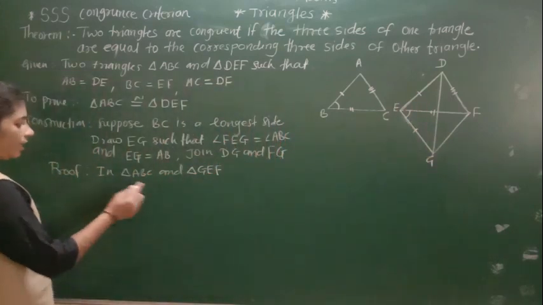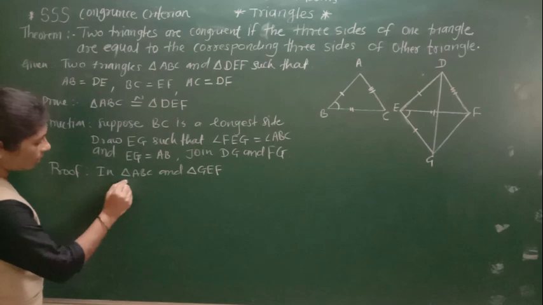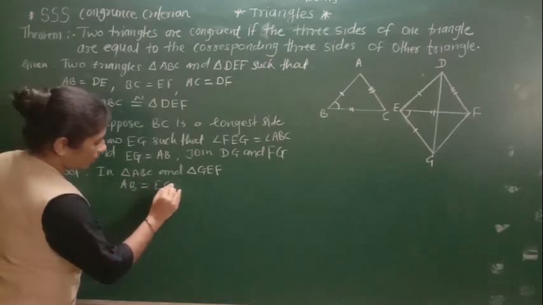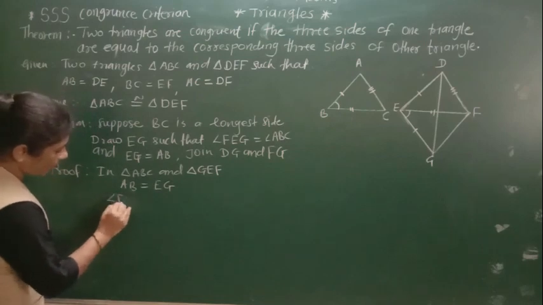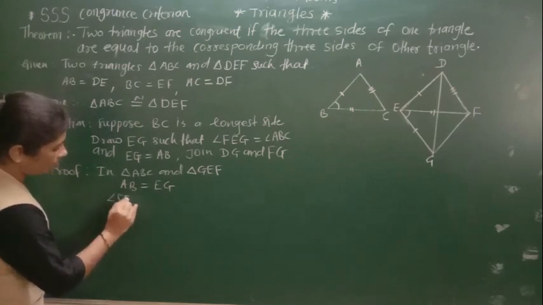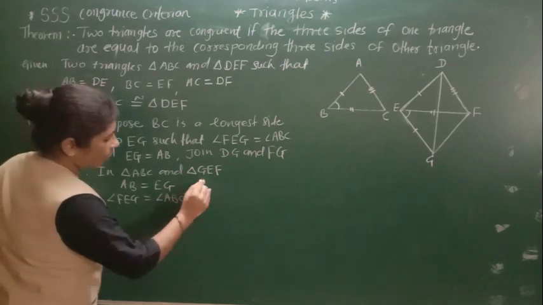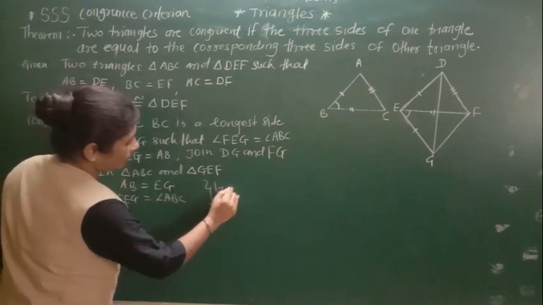So in triangle ABC and triangle GEF, AB equals EG and angle FEG equals angle ABC. These two are by construction.